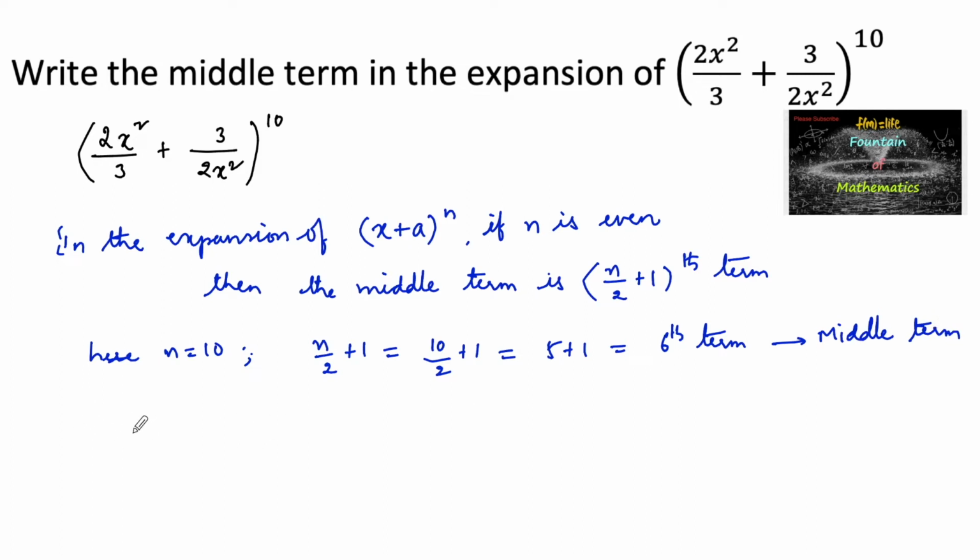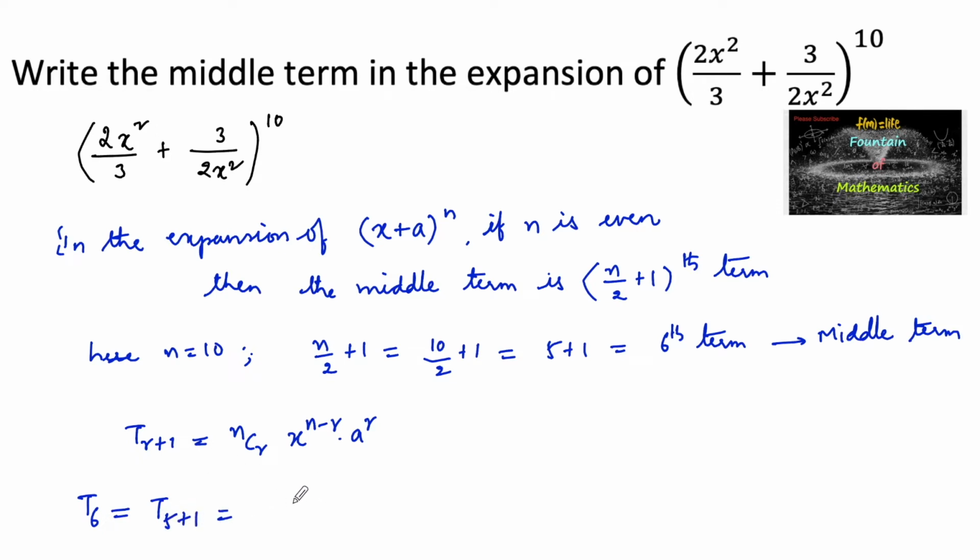So let us use the general term formula: T(r+1) is equal to nCr x^(n−r) a^r for the expansion of (x + a)^n. Since the 6th term is the middle term, we can write T6 is equal to T(5+1).